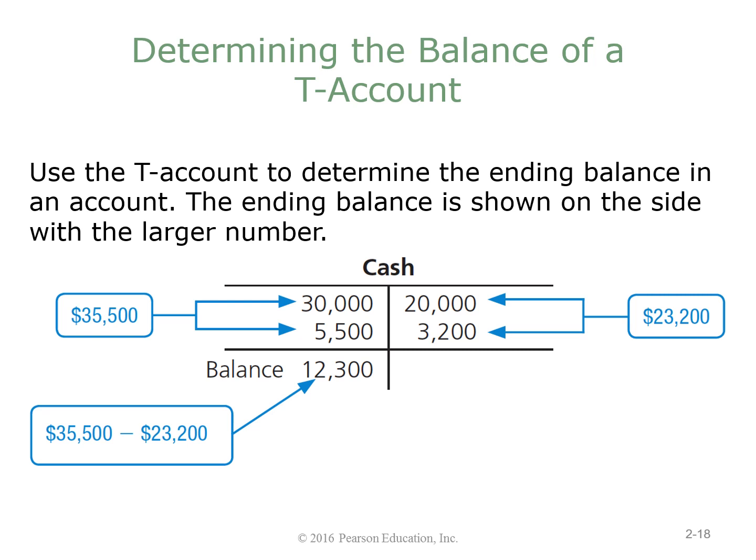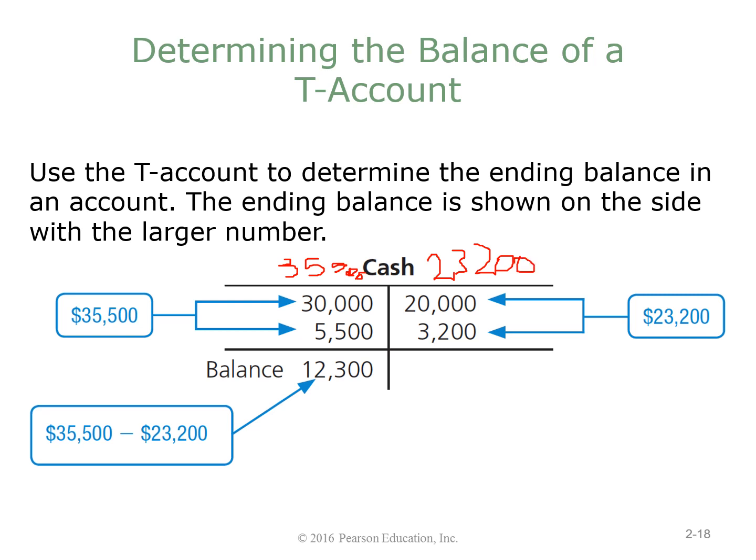I will say that I have 30 and 5,500. This is 35,500. Increase in cash because this is the debit side. The debit side, and on the other side I have 23,200.